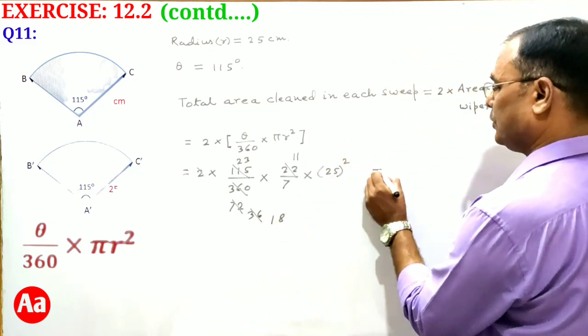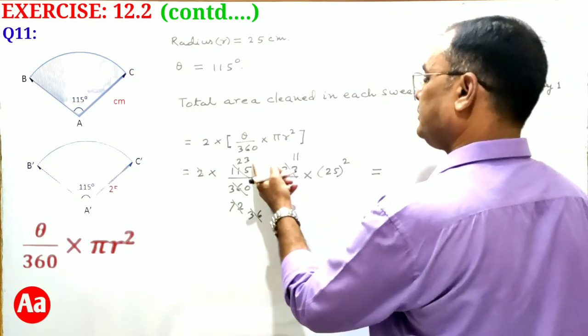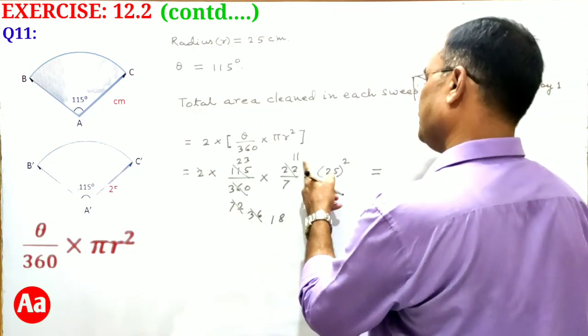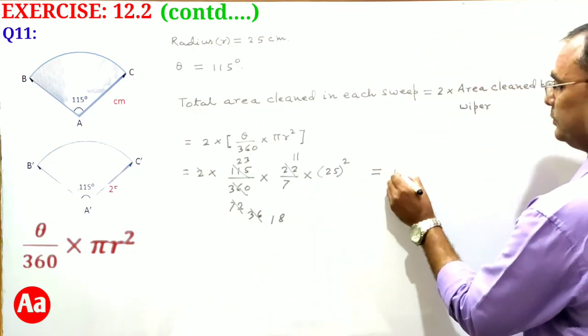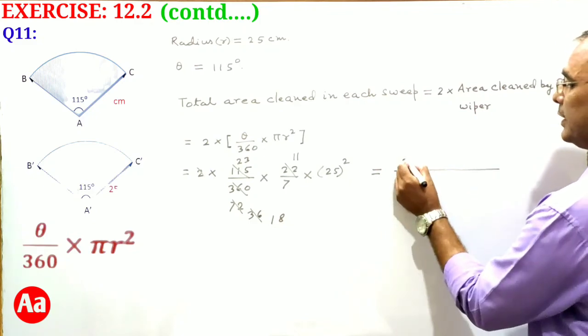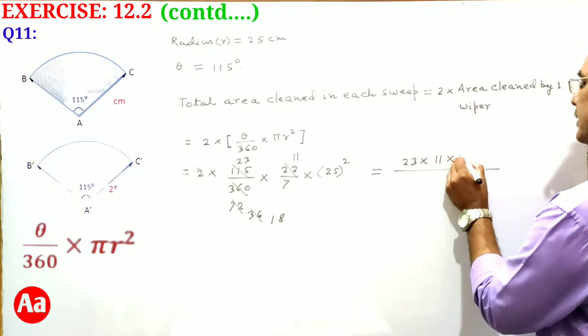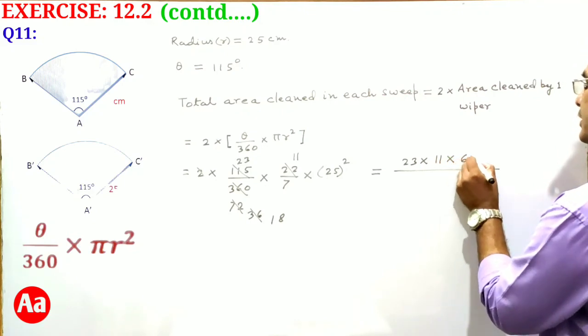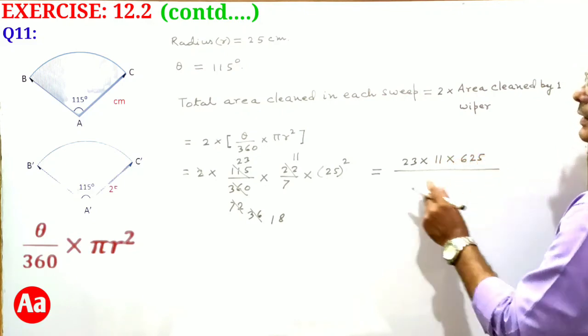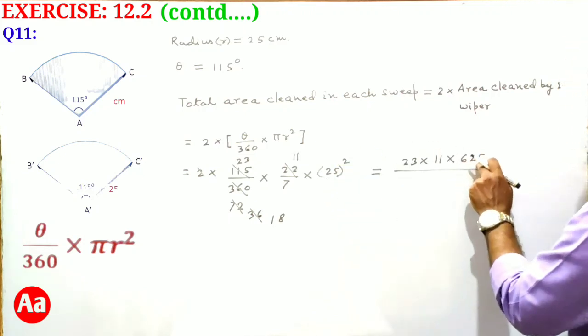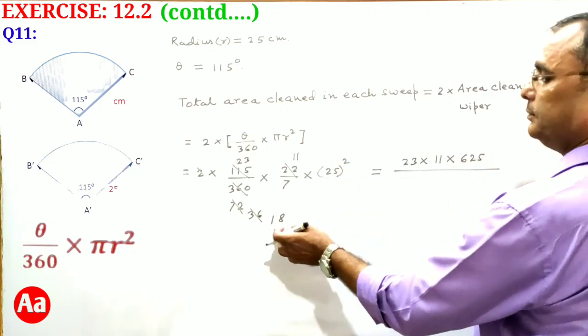So this is equal to 23 into 11 into 25 square, 23 into 11 into 625. This 25 square is 625.